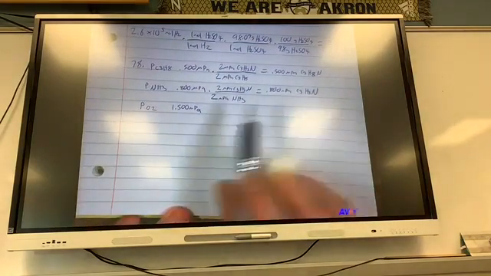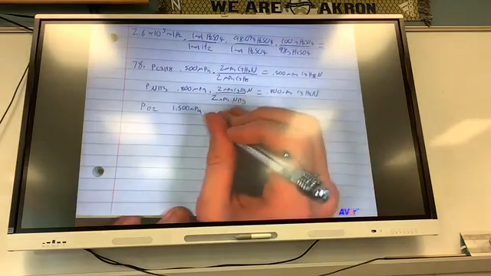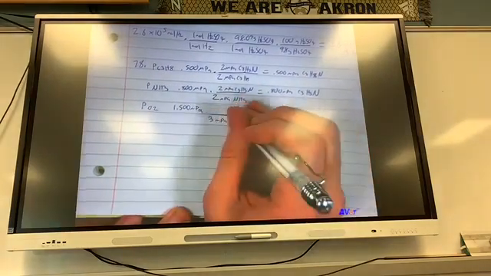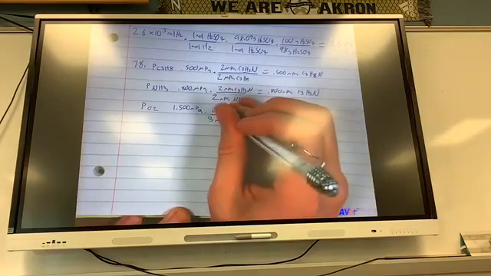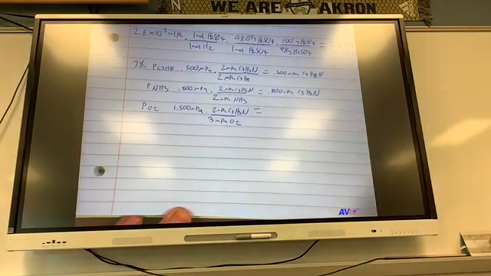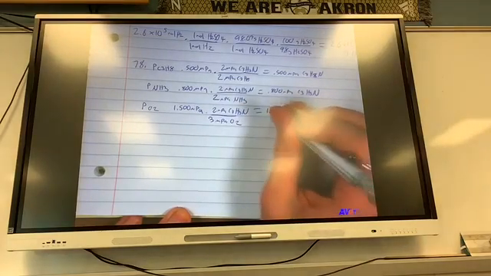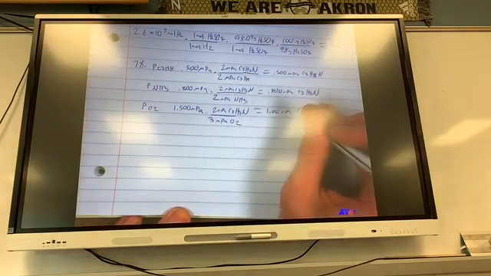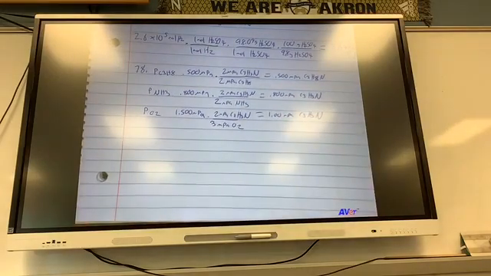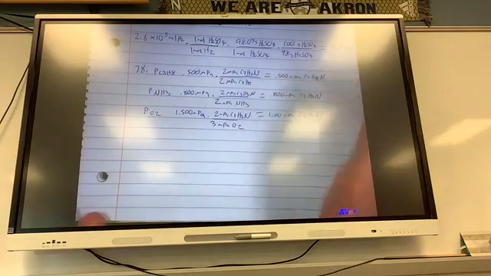The last one, I have a coefficient of 3 for my O2. So for every 3 megapascals of O2, I have 2 megapascals of C3H3N. That ends up giving me 1.00 megapascals of C3H3N. Which one is the least? C3H8.